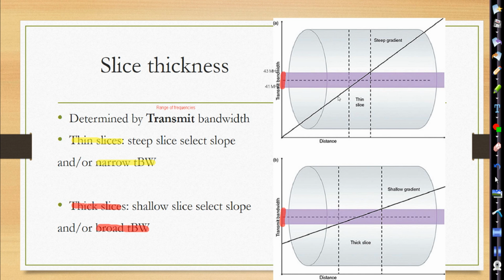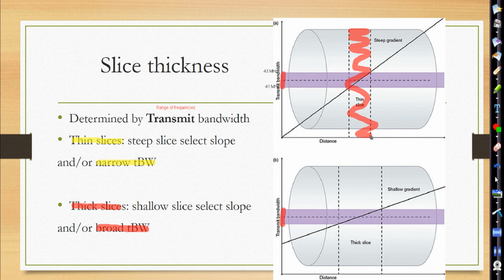If we pump in more current, look at how our linear slope is a lot more steep. And when we have a very steep gradient combined with a narrow transmit bandwidth, see how our slice selection is going to be very thin. Here is our slice right here. So all of this area right here gets excited.